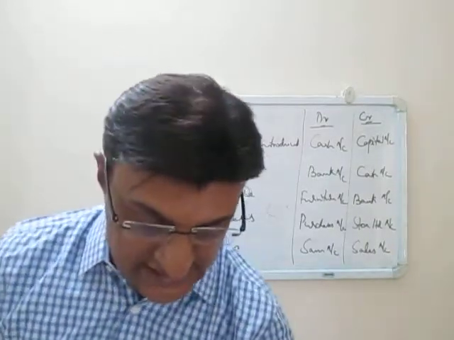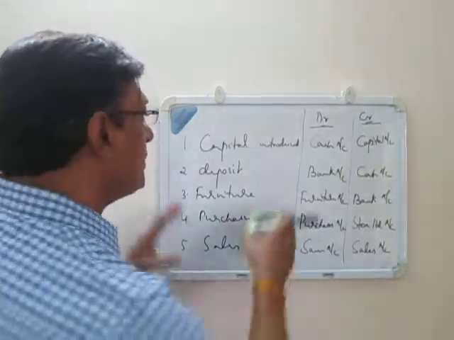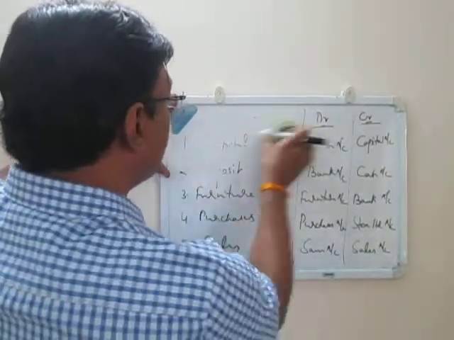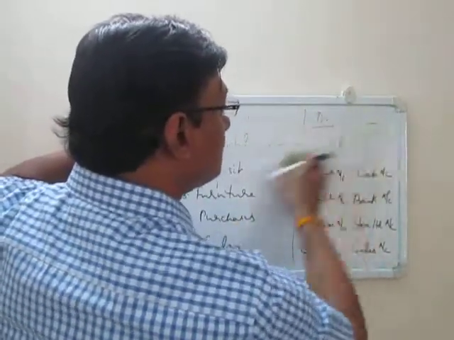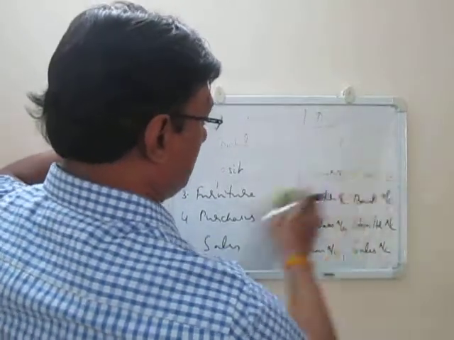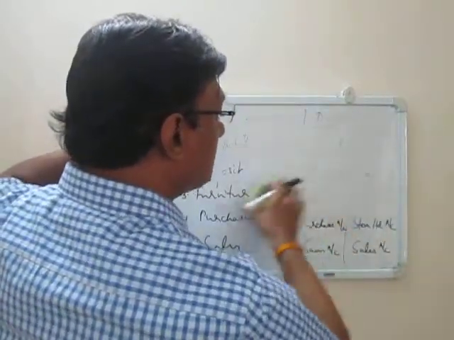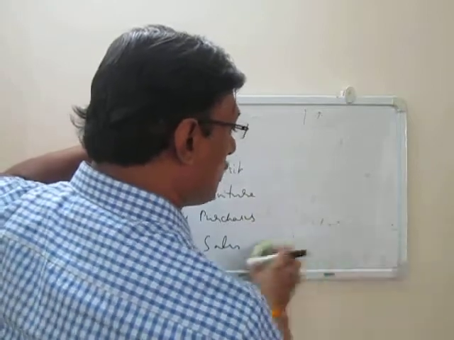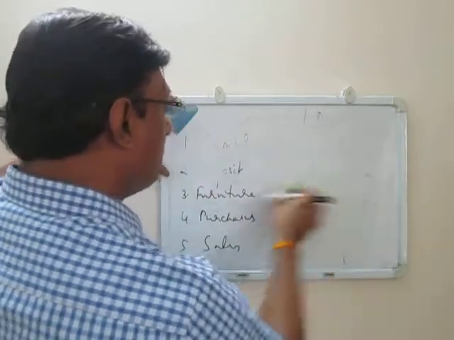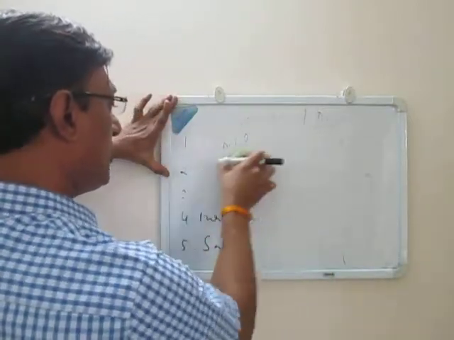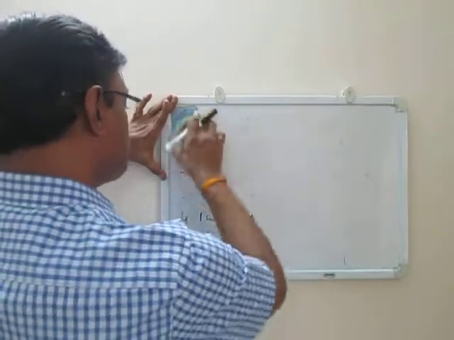So we need to understand the format or the framework of a journal after analyzing the debit and credit for each transaction. A journal is the primary book of accounts, the primary record which will incorporate these debits and credits.